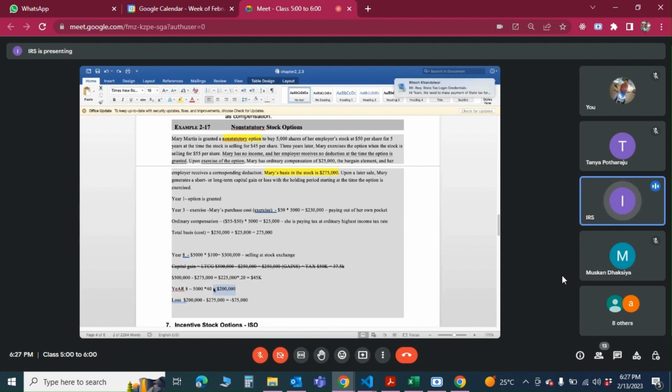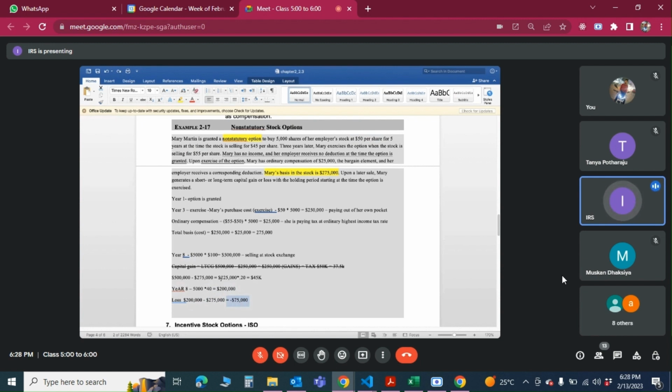But what is her cost basis? Muskan, what is her cost basis? $275,000. Exactly. So she's making a loss here. She's getting 200,000 and her cost basis is 275,000. There's a $75,000 loss. This will come up as a capital loss.